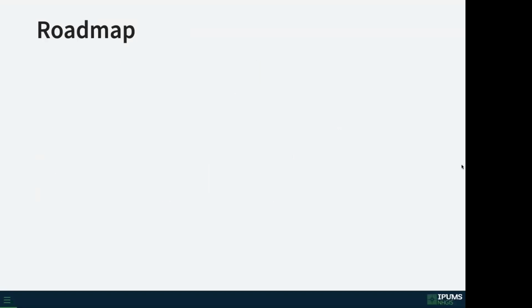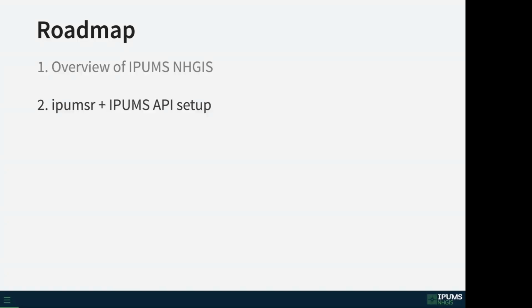So what are we going to cover today? Well, first, I'm going to give a quick overview of NHGIS. I assume that many of you are probably already familiar with NHGIS, but for those of you who aren't, I'll give a quick introduction. Then we'll talk a little bit about IPUMS R. This is our open source R package, which provides some of the tools that I'll be demonstrating today. And we'll do a little bit of setup with the IPUMS API to get you going. Next, I'll introduce a use case, a motivating example that we'll use to guide our demonstration.